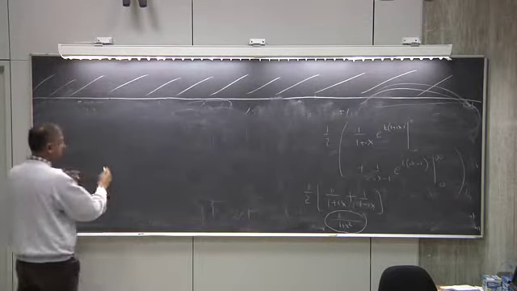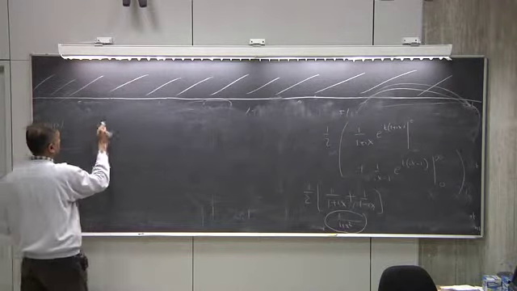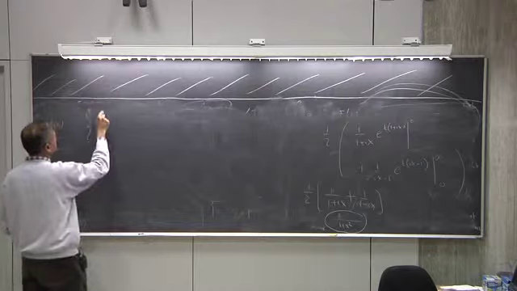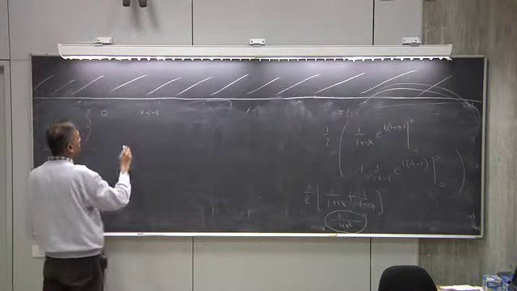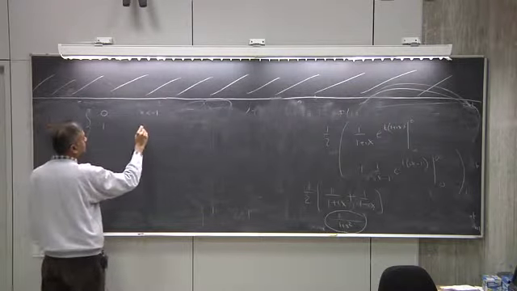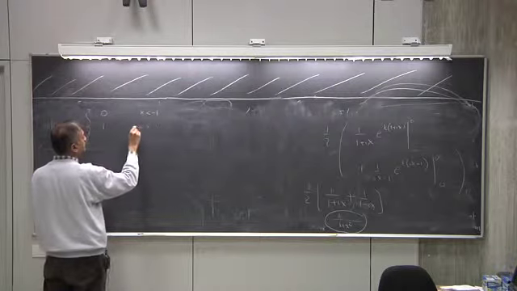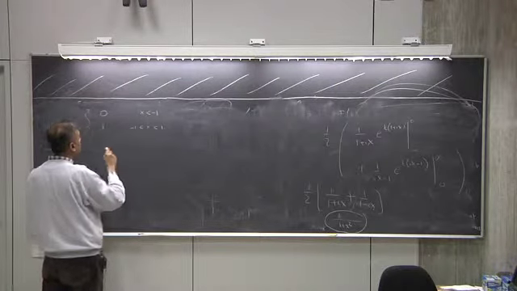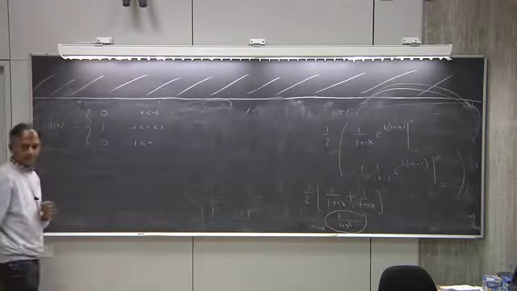Suppose I have a function which is just a kind of a step function. So f of x is equal to 0 for x less than minus 1, equal to 1 when x is greater than minus 1 and less than 1, and equal to 0 when x is greater than 1.